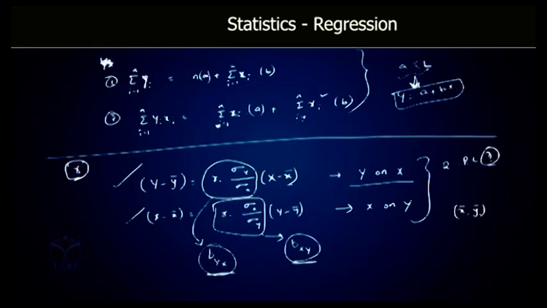When r is equal to 1 or r is equal to minus 1, the two regression lines will coincide. That is a property you have to remember: when r is equal to 1 or minus 1, the two regression lines coincide.